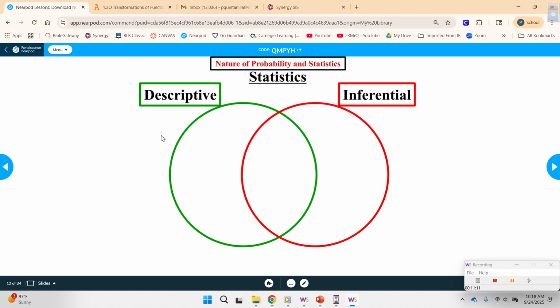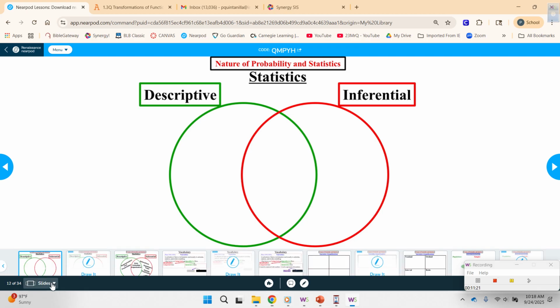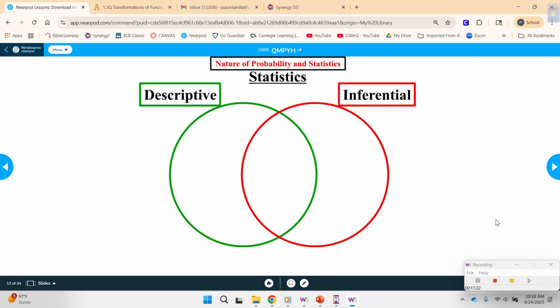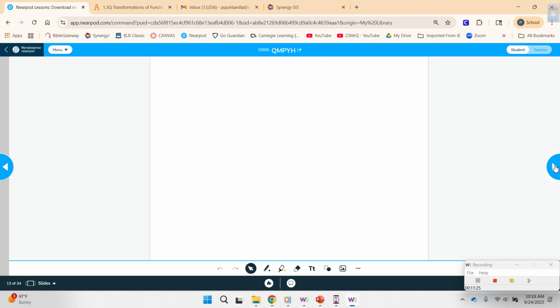Look at that Venn diagram. Tell your neighbor a keyword for descriptive and a keyword for inferential. All right, write it on the screen. Keyword for descriptive, keyword for inferential.